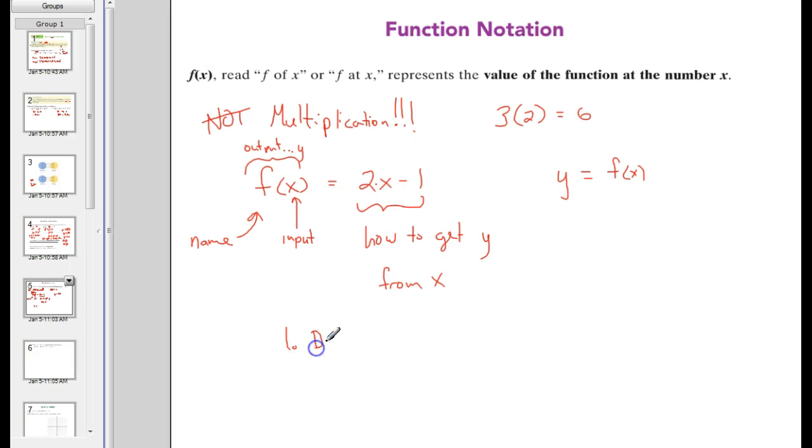So you double the input. Alright, and then after I've doubled the input, what do I do? I subtract 1. And that's the steps to get the output from this given input.